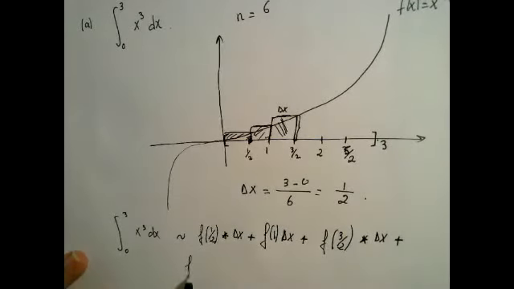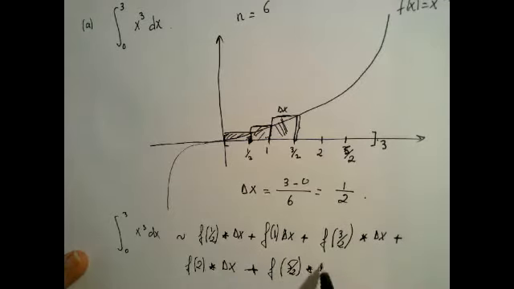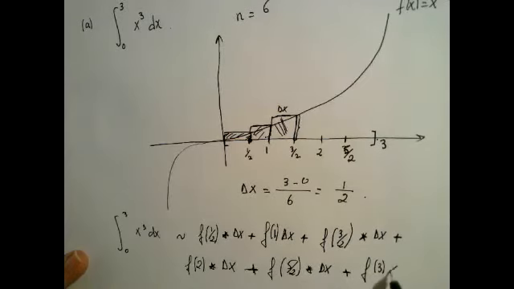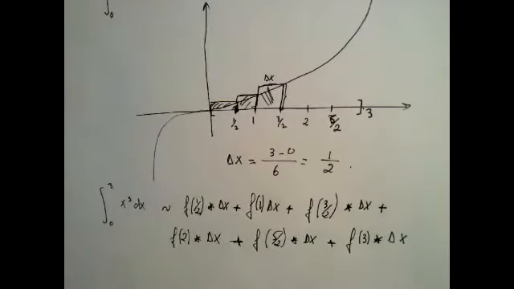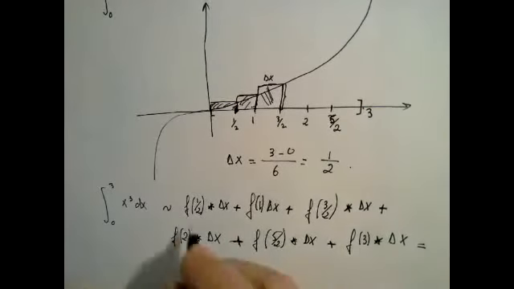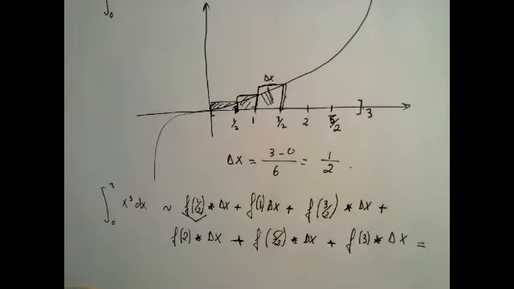And then I have f of 2 times delta x plus f of 5/2 times delta x plus finally f of 3 times delta x. So that's really the Riemann sum with 6 subdivisions. Okay, let's see, this is equal to what? What is f of 1/2?